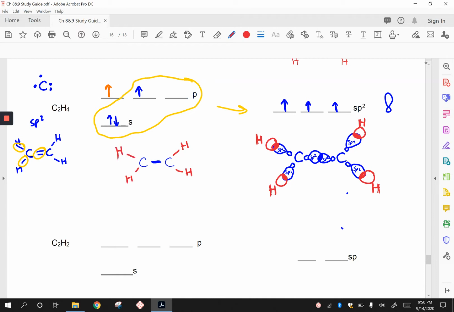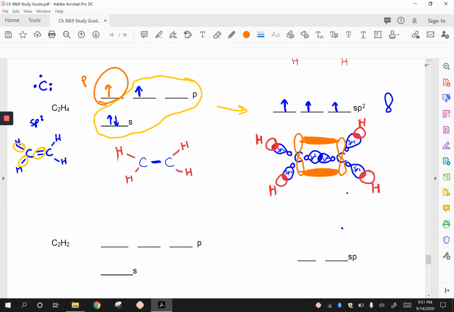Okay, so then what about this orange electron here that I have drawn? So remember we said only 3 of the orbitals mixed together to form the sp2s. This one remained as just a pure p, right? Just a p. Well, so each of those carbons has an electron in a p orbital. Remember, p orbitals look like dumbbells, so I'm going to go ahead and draw them here. So there's a p orbital, and here's a p orbital for that carbon, and here you have this parallel overlap.